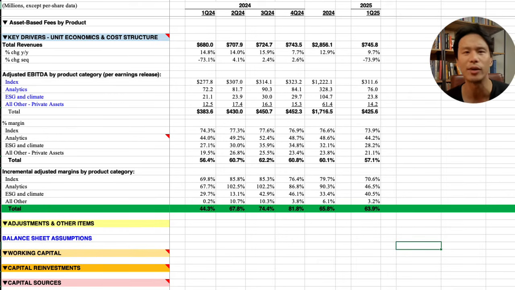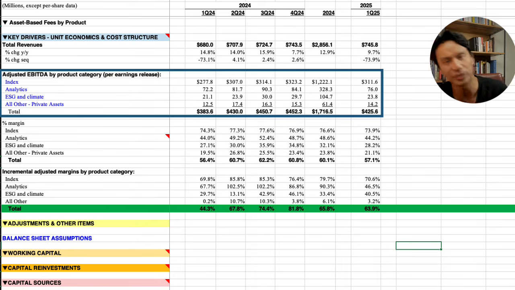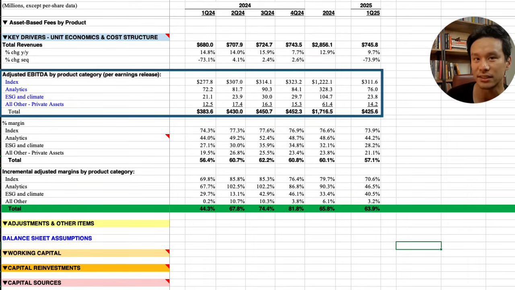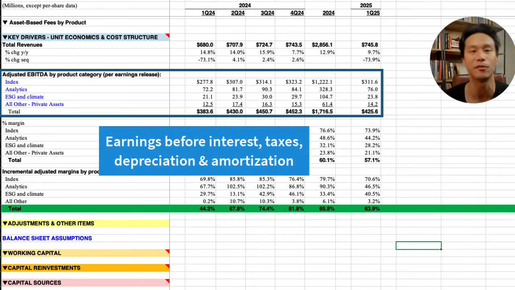The metric that we want to use for MSCI is the EBITDA. Now, the reason why we want to do that is because, one, this is the metric that they give for the different segments. And EBITDA is a pretty clean metric because it stands for earnings before interest, taxes, depreciation, and amortization. When you remove the interest, you're removing the costs of debt. So you're removing the cost of capital.